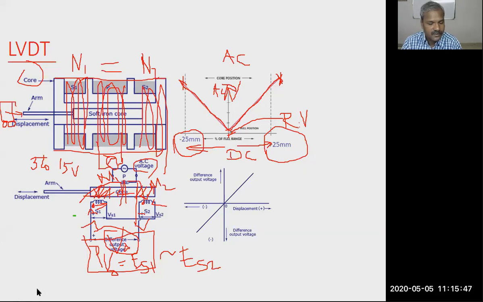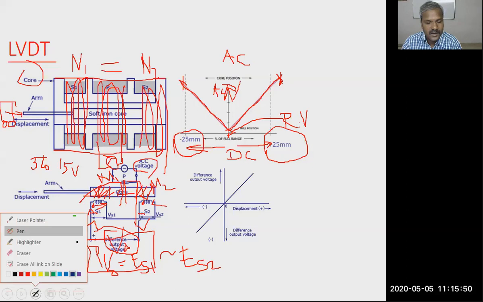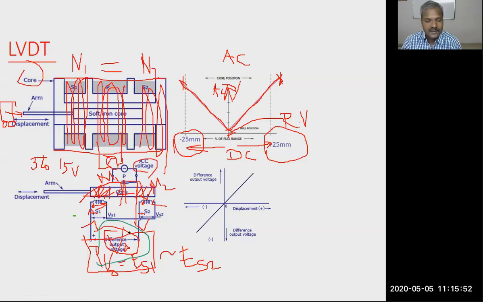You connect an AC voltmeter here, and that will give a response similar to this. So we want to detect the positive side, the right movement and left movement, because the LVDT is mainly used for bidirectional displacement. We can accurately measure positive displacement and negative displacement.